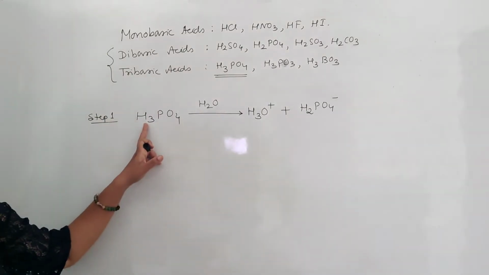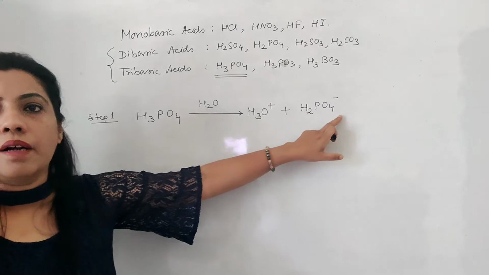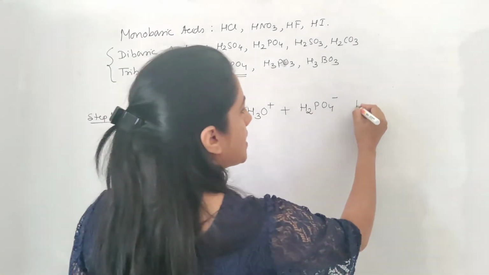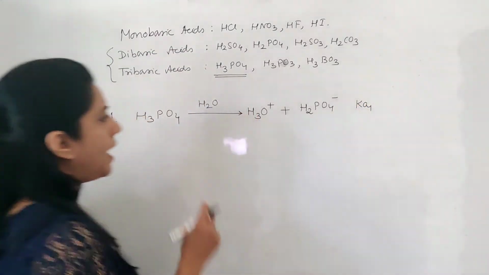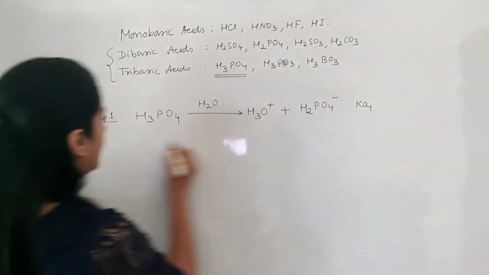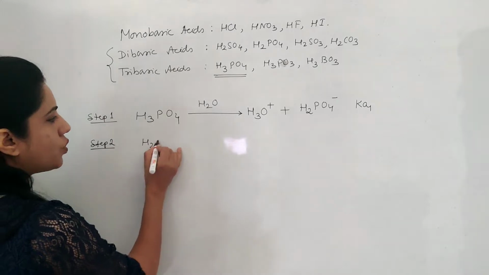One hydrogen is removed from here, so the remaining part is H2PO4 and it will contain a negative charge. Now, the Ka value for this will be very high because this is a strong acid and it will completely dissociate.